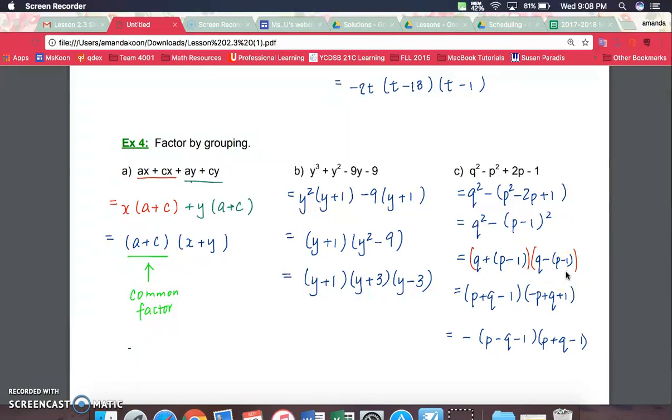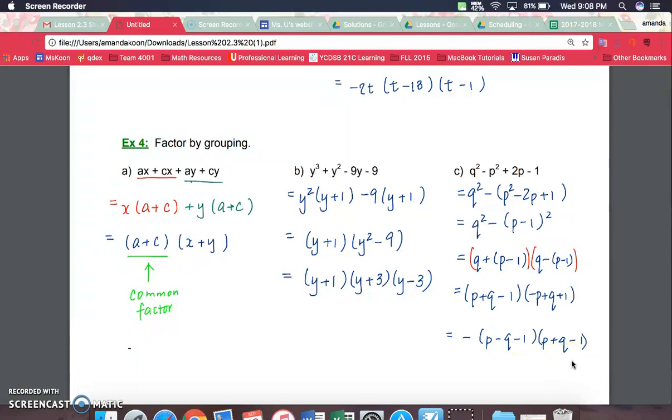And now we just want to clean up our signs and brackets. So expand, expand, and remember we prefer not to have this negative leading coefficient, so factor the negative sign out. From this bracket you get positive p minus q minus 1 times p plus q minus 1.